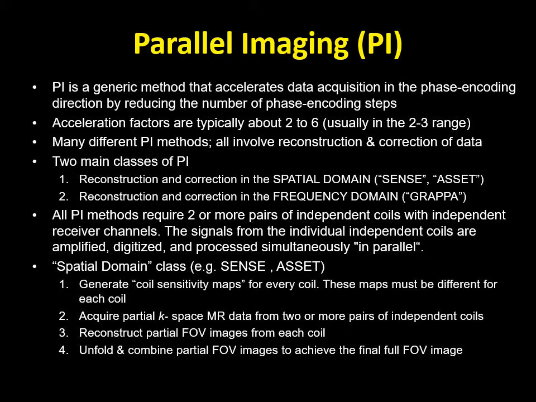Next, there's an acquisition of partial k-space MR data for 2 or more pairs of these independent coils. Third, there's a reconstruction of the partial field of view images from each coil. And fourth, there's an unfolding and combination of these partial field of view images to achieve the final full field of view image.